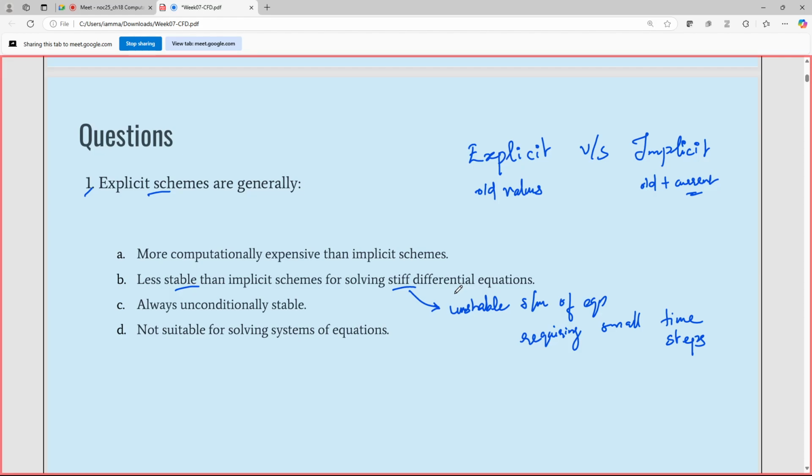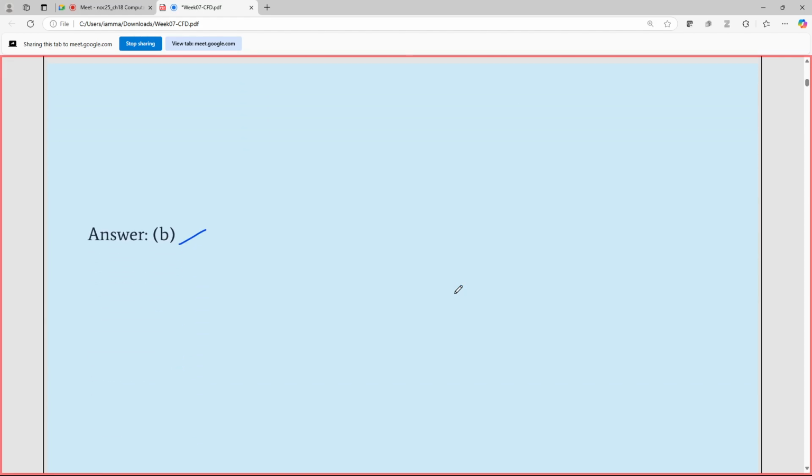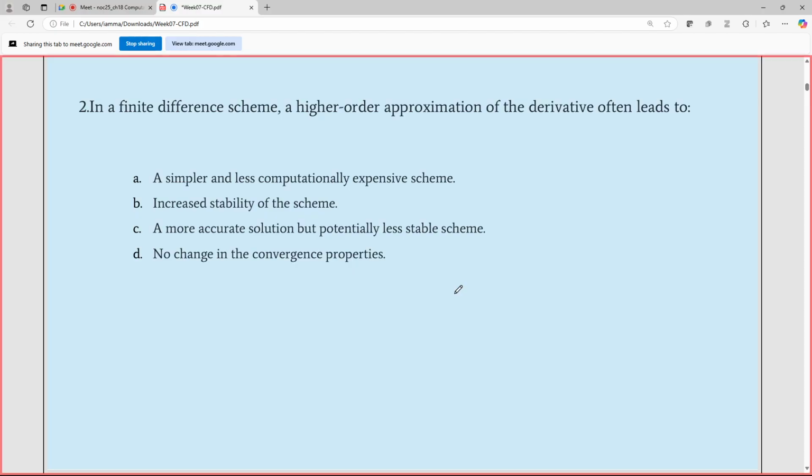Moving on to the next question. In a finite difference scheme, a higher order approximation of the derivative often leads to which among the following?